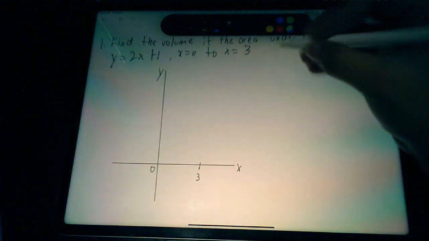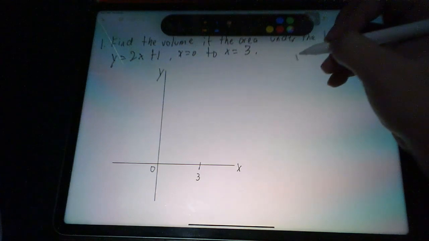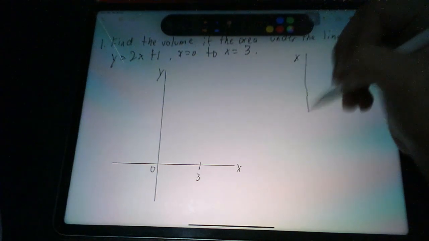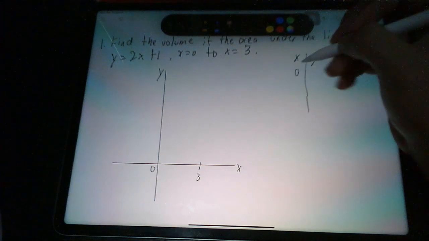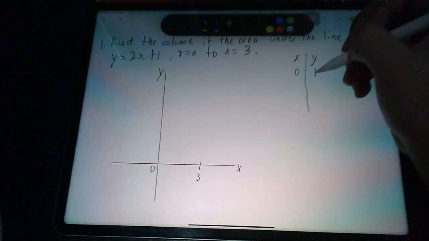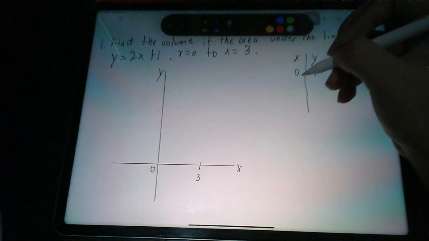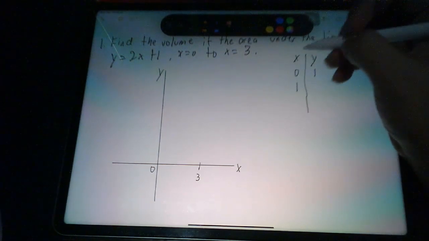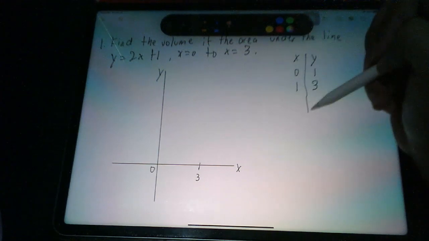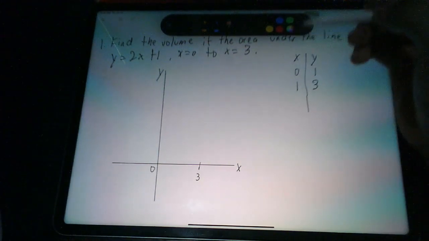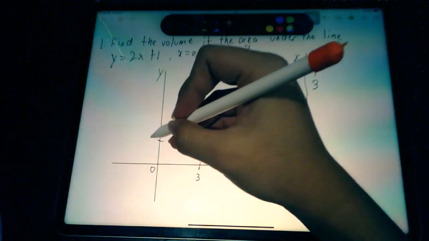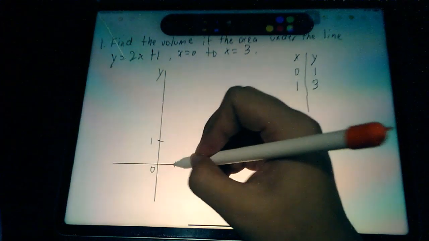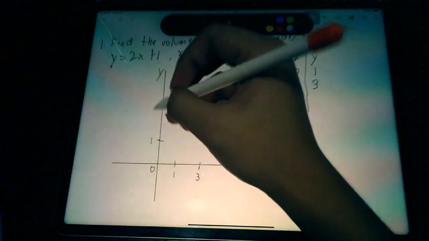So let's use the tabular method, x and y. If x is 0, our y will become 1. And if x equals 1, our y here equals 3. So now we have our 2 points. If x equals 0, our y is equal to 1, and if x equals 1, our y is equal to 3.